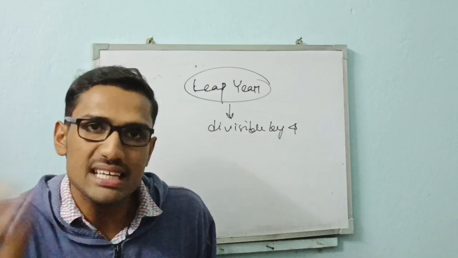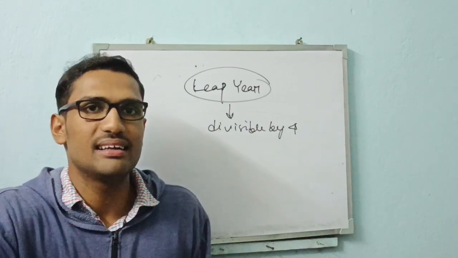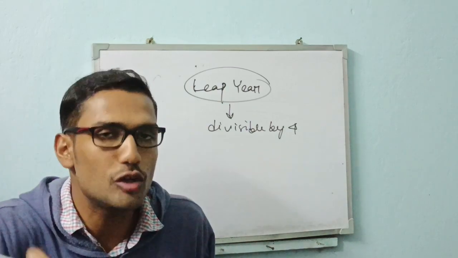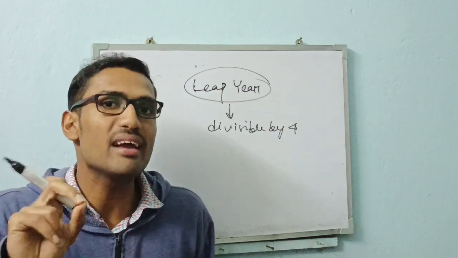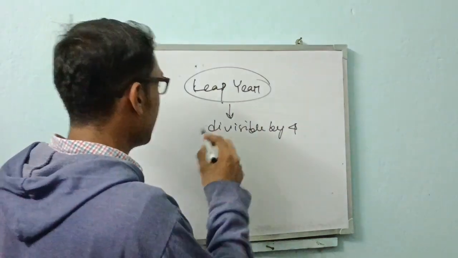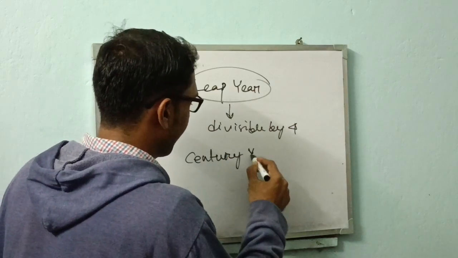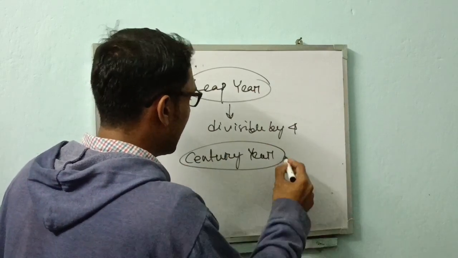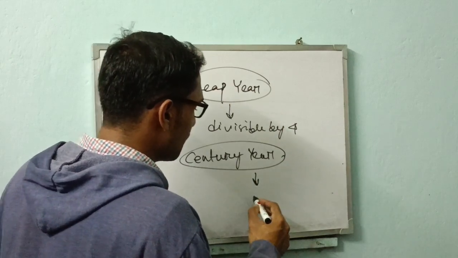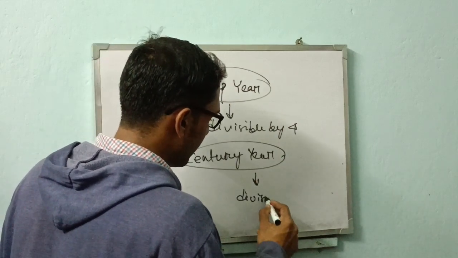Okay, so for a century year to be a leap year, that century year needs to be divisible by 400. Okay, try to understand. If it's a century year, then that needs to be divisible by 400.